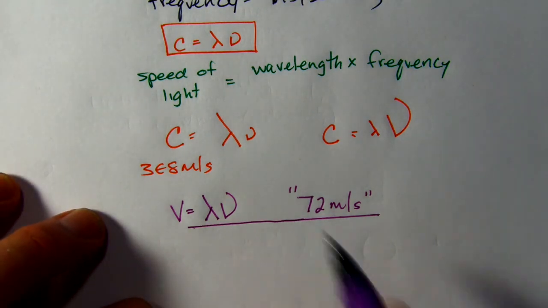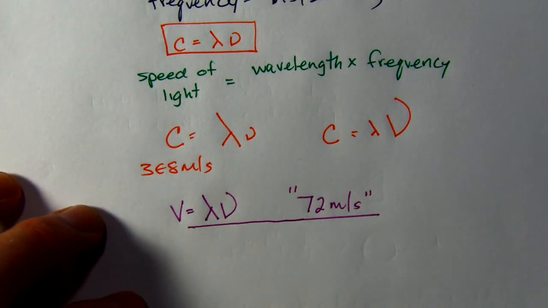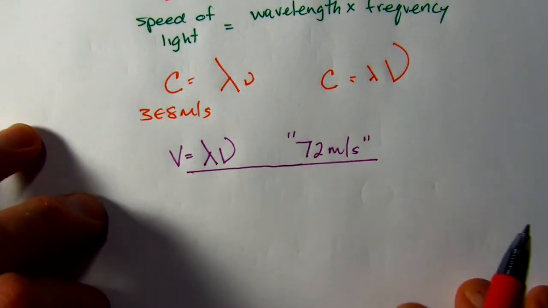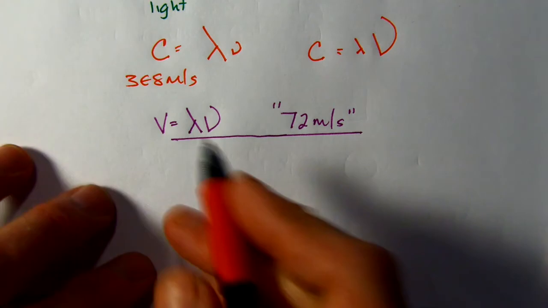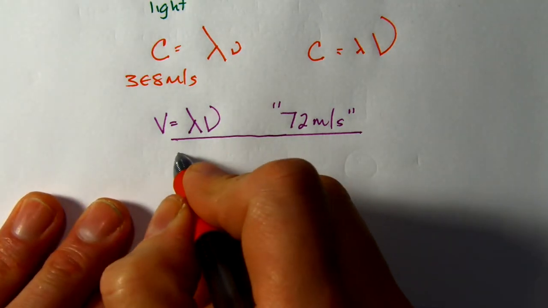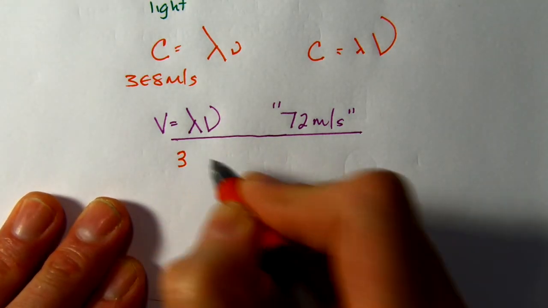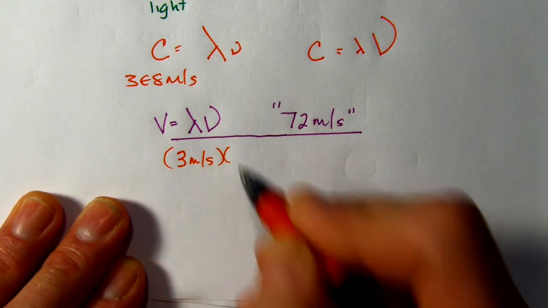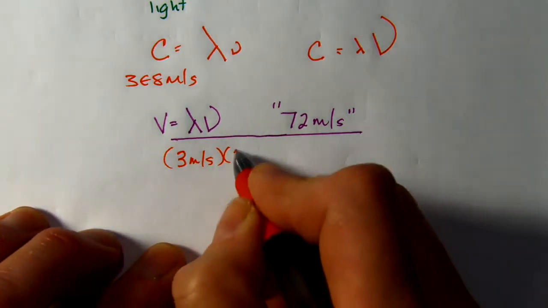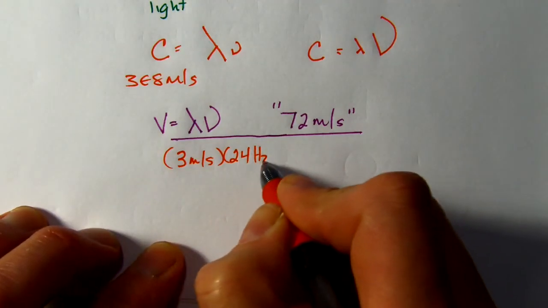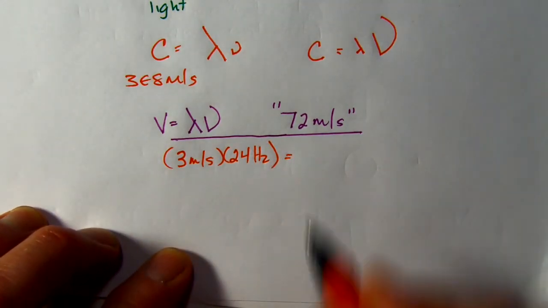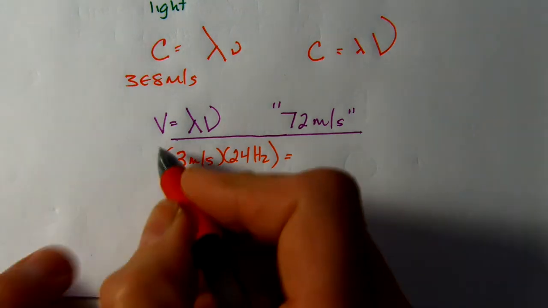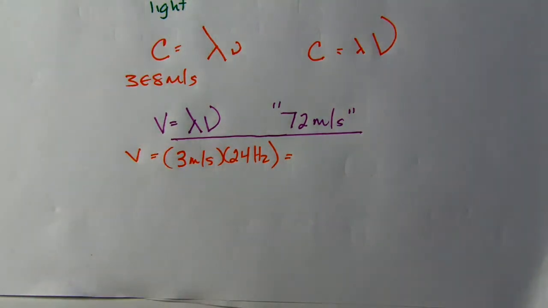So now if we have this equaling 72, right? We could say that we have a really small wave, 3 meters per second if we want. And then we could say, well, it's 24 hertz. We'll talk about that in a minute. But that equals 72.